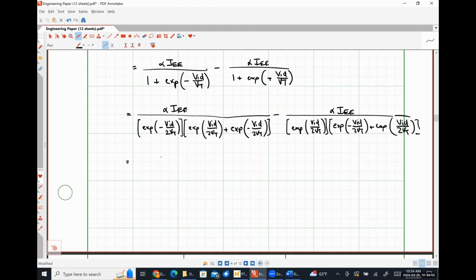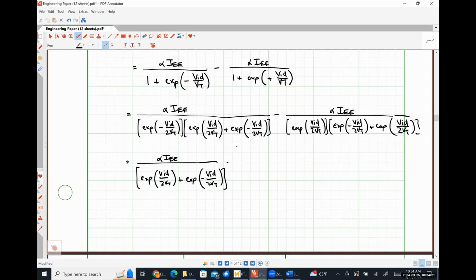So that's going to look like alpha IEE over the exponential of VID over 2VT plus the exponential of negative VID over twice VT.